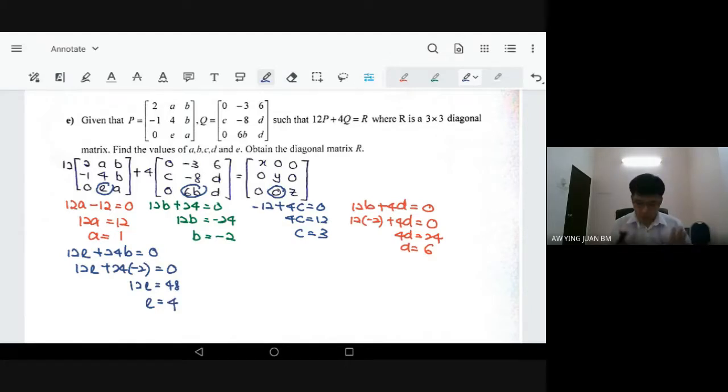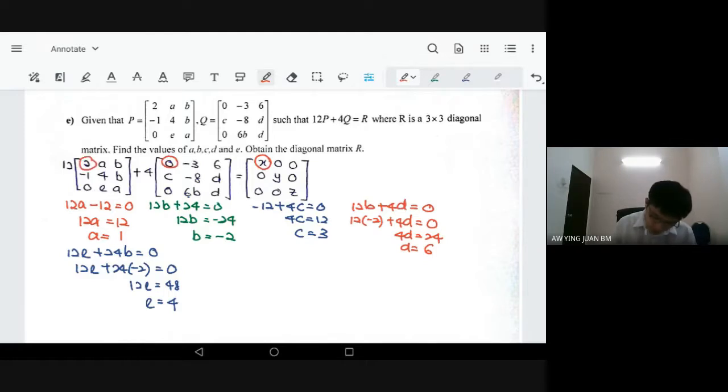So now ready with A, B, C, D, E. So kindly write down the A, B, C, D, E. In order to find the X, the location for X would be the A11.